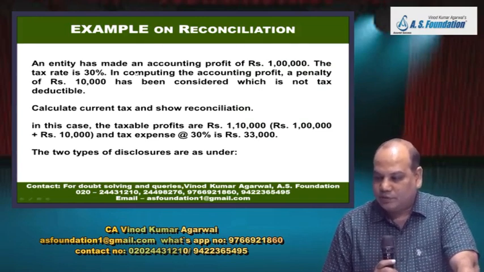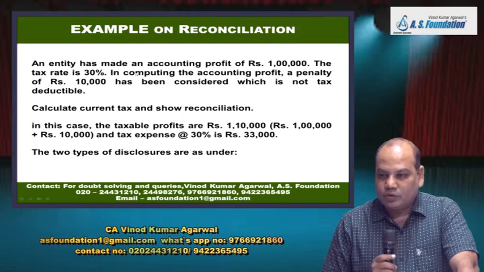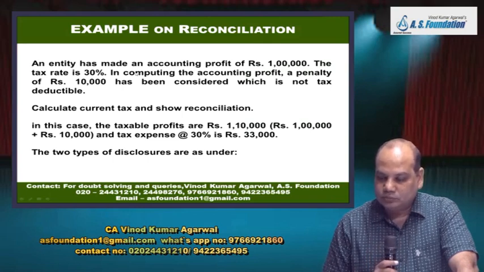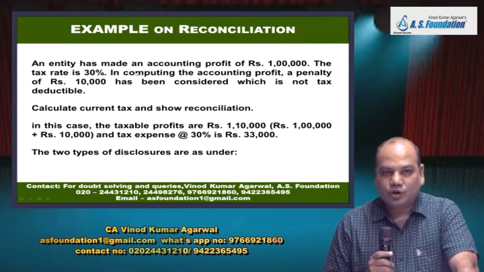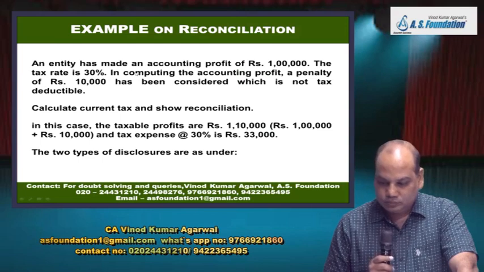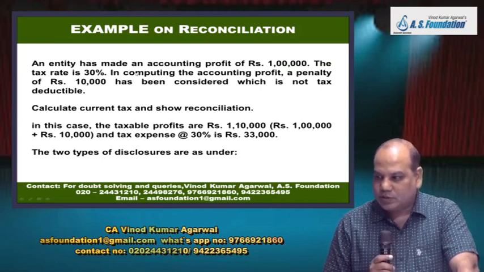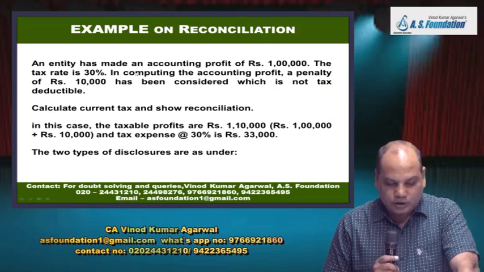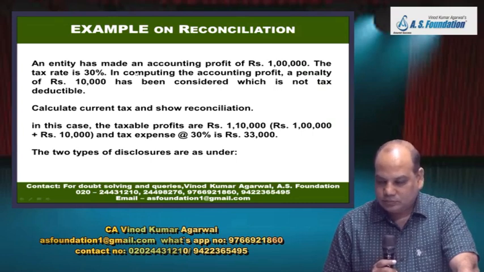An entity has made an accounting profit of rupees 1 lakh. The tax rate is 30%.